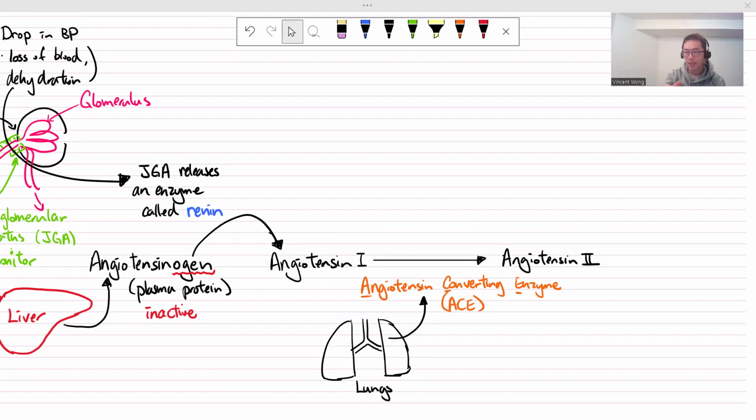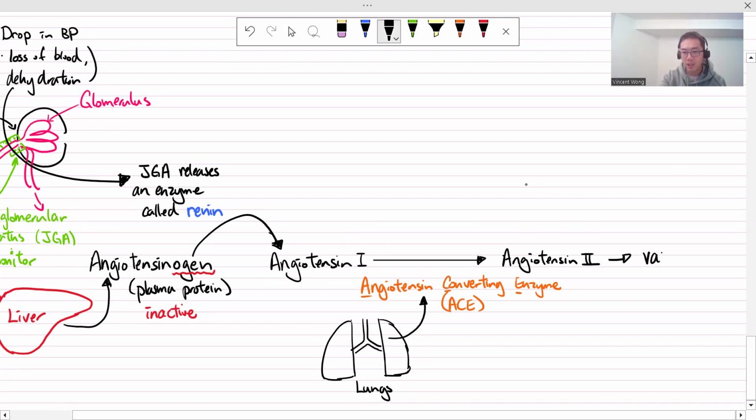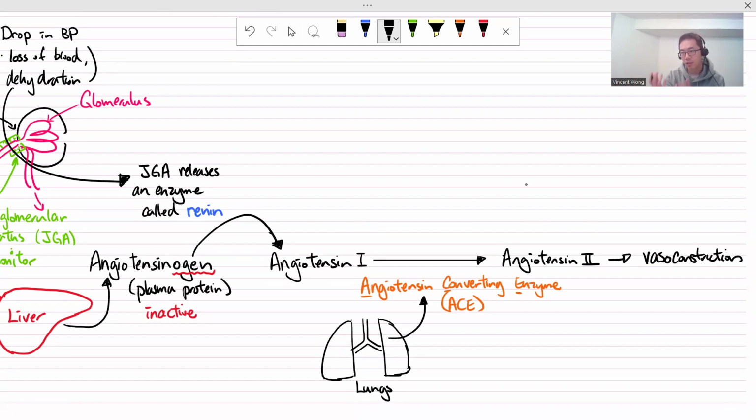Squeeze. That's right, we're going to squeeze them. So that's what angiotensin number 2 will do. Angiotensin number 2 is going to cause vasoconstriction. Okay. You're going to squeeze the blood vessel.